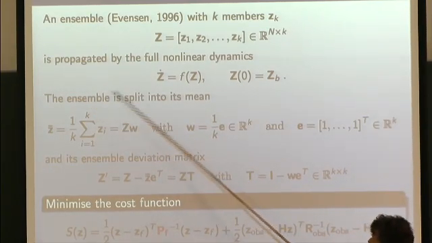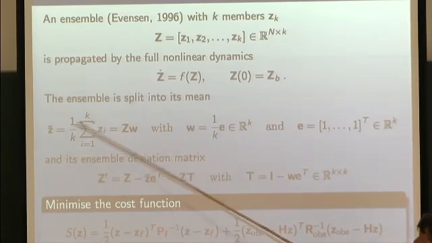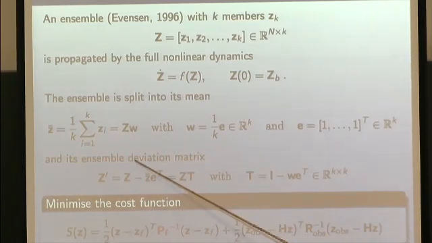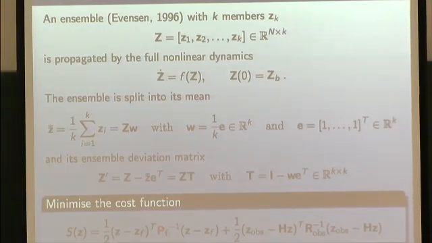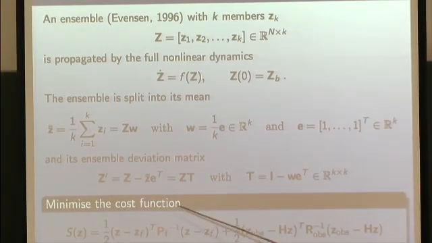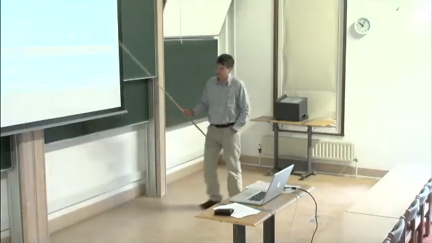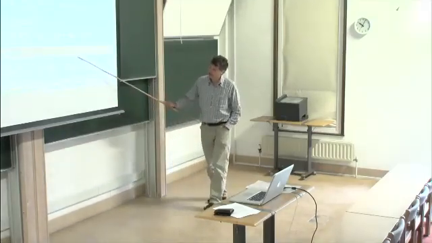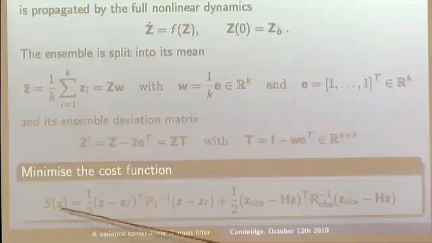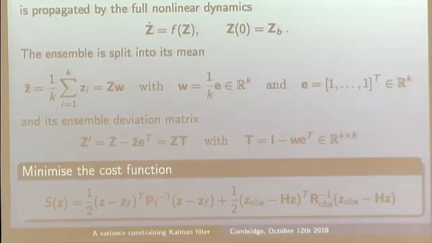The ensemble we can split into a mean, which we call z bar, and a deviation matrix, z prime. Then we can formulate defining a best estimate, given noisy forecast and noisy observations, as minimizing this cost function.